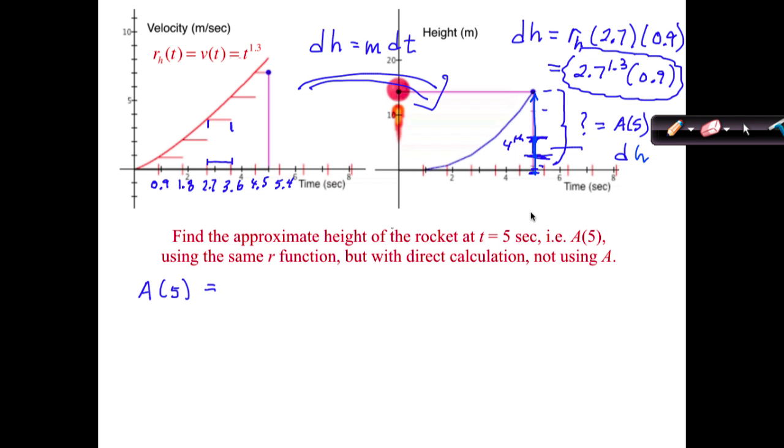So what's the game plan? Lydia, what's the game plan here to get A of 5? Okay, what would the height initial be? So the fourth interval is from 2.7 to 3.6.